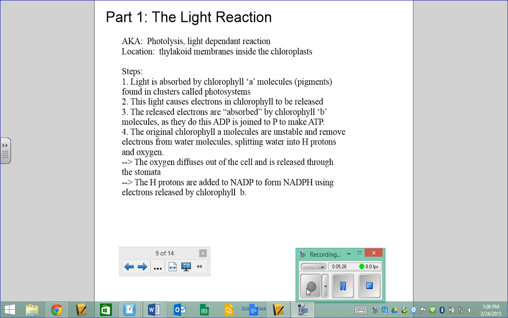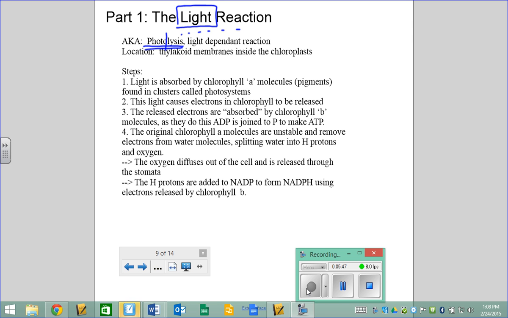So I'm just going to remind everybody that we're talking about the first part of photosynthesis, the light reaction. It can also be called photolysis. Photo is a prefix that means light. Lysis, like we've already seen, means to break something apart.